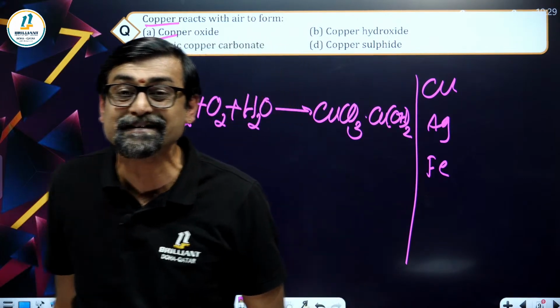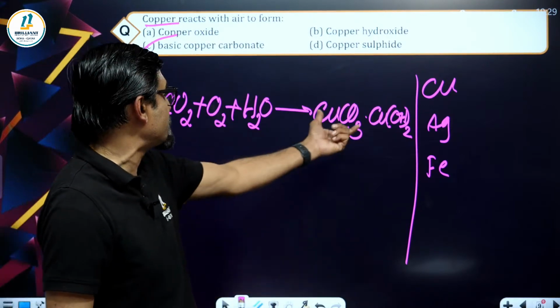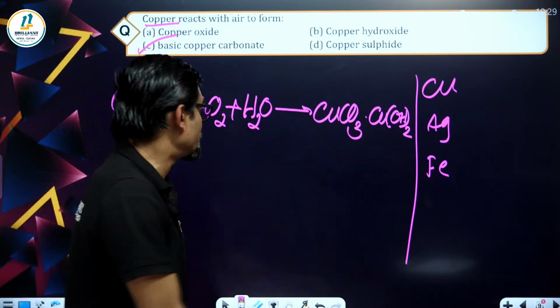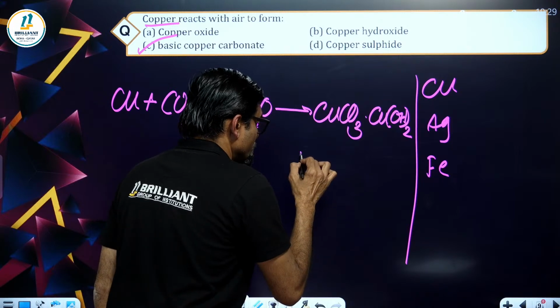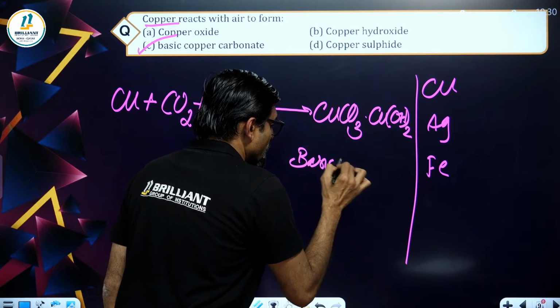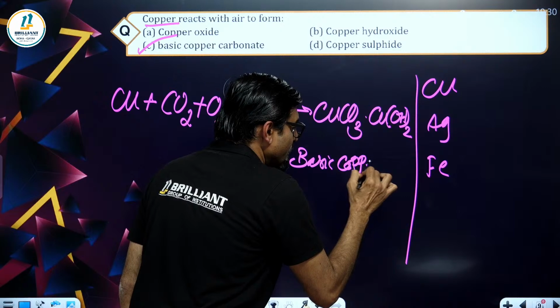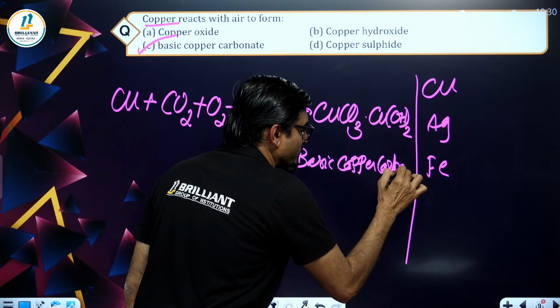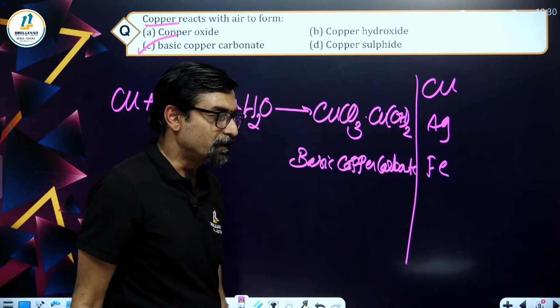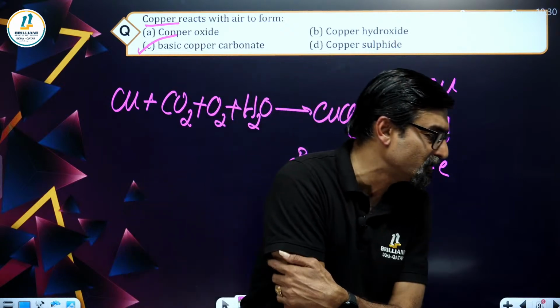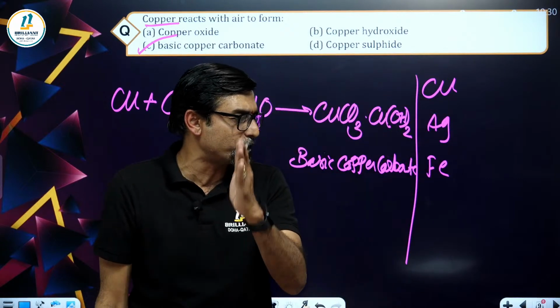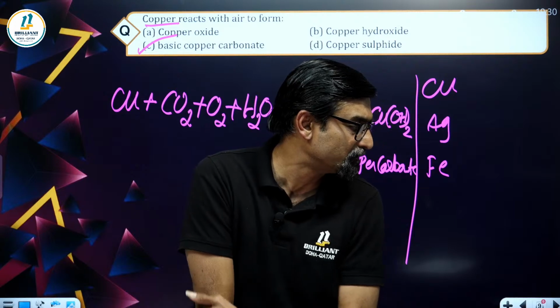This is called basic copper carbonate because it is basic in nature. Can anybody tell me what is the color of copper carbonate? Let me see how many will answer this question. What is the color of copper carbonate? Come on.